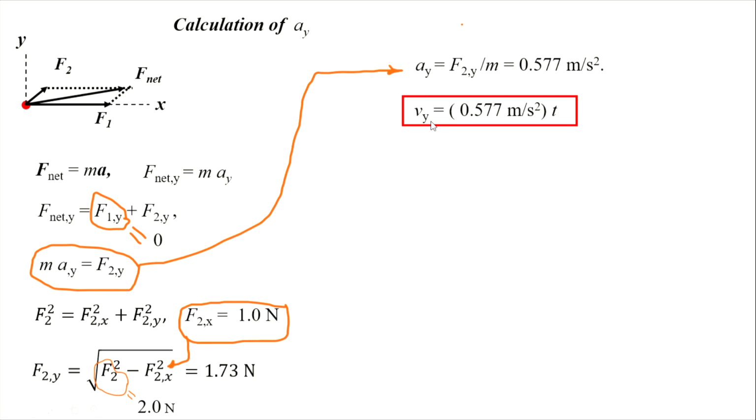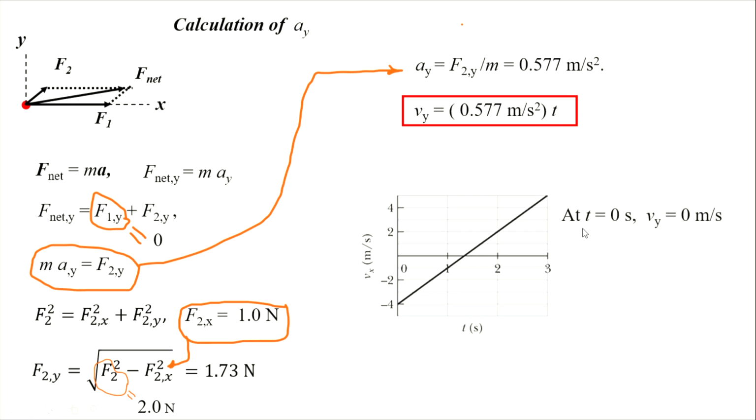Finally, we found the equation for Vy, which is a linear function of t. To plot this function, we return to our graph and calculate 2 points using this equation. First point we select at t equals 0. For this t, we have Vy equals 0.